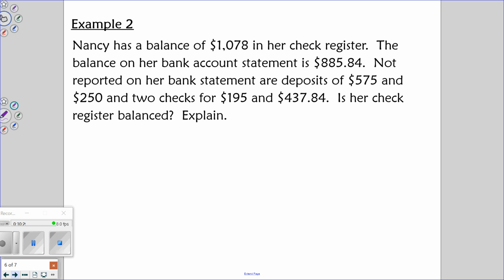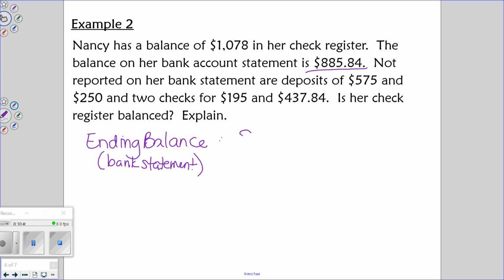Okay, so what was the ending balance? Right, the ending balance from the bank. And that's one thing we want to make sure. The ending balance is always from the bank statement. All right, so the ending from the bank statement was $885.84.